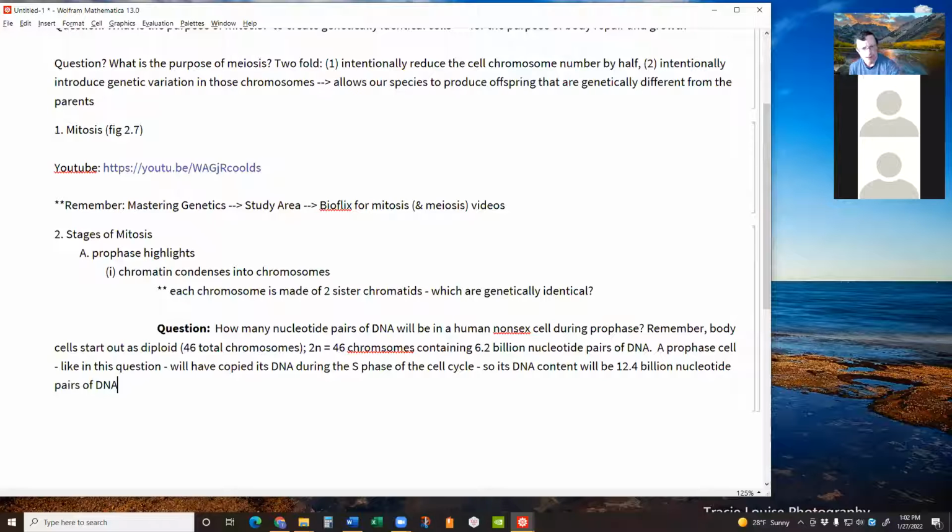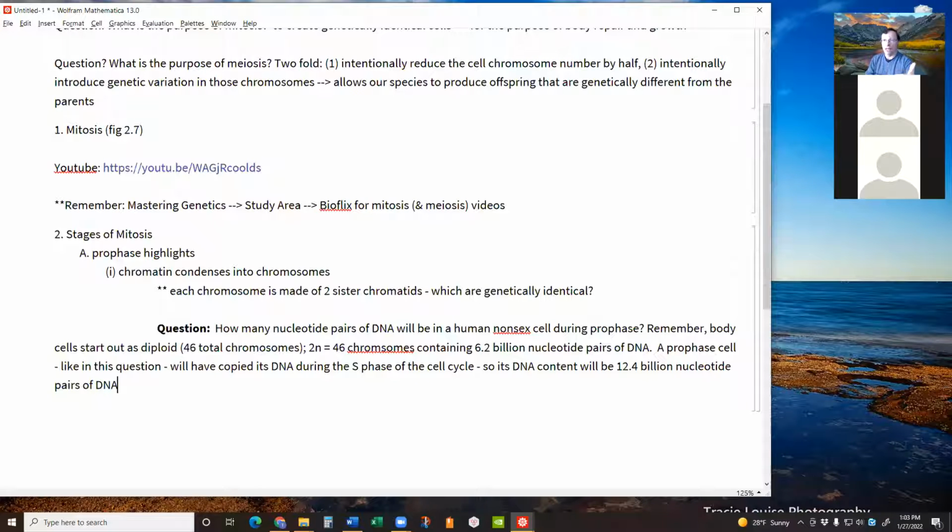Okay. So it's a little bit weird to think of it this way, isn't it? A sperm cell and an unfertilized egg cell are haploid, n equals 23 chromosomes. Among those 23 chromosomes is 3.1 billion nucleotide pairs of DNA. A fertilized egg cell, which goes on to produce your stem cells, which then differentiate into every other cell of your body, is going to be diploid.